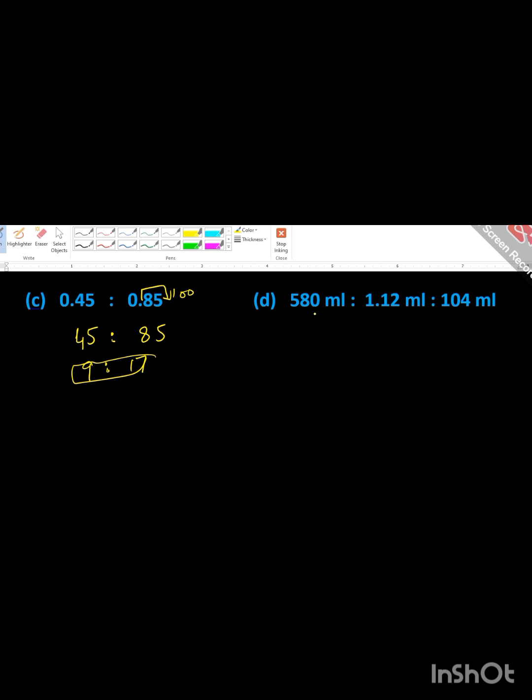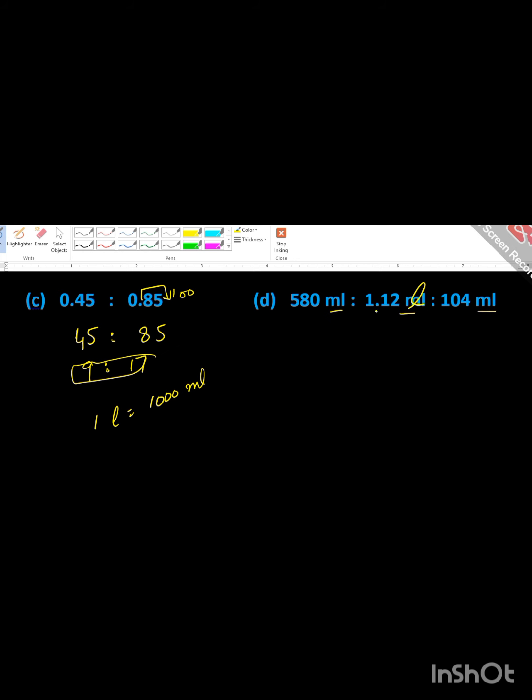So here a new term, that is milliliters, and it's not the milliliter, it's the liter. I wrote it wrong. So that is also milliliter. So first we have to convert this into milliliters, then we have all the three units the same. So 1 liter is equal to 1000 milliliters.